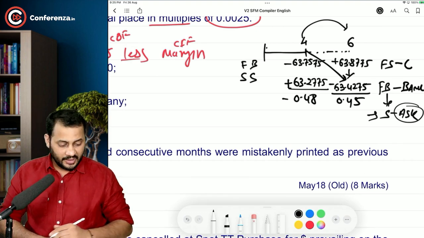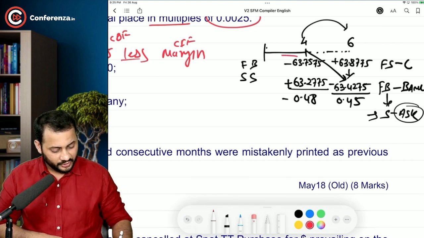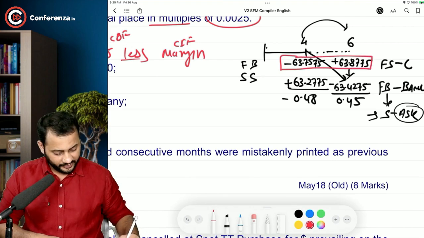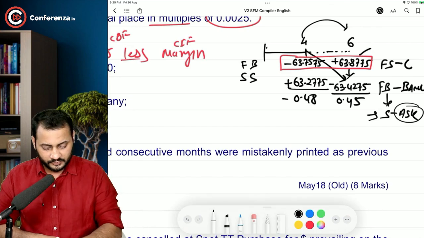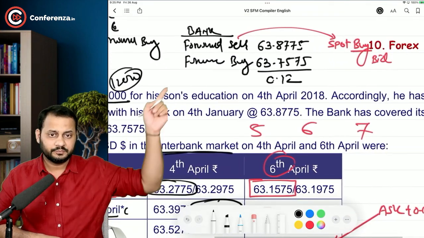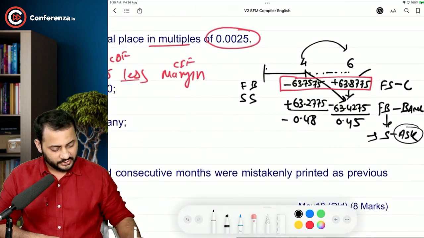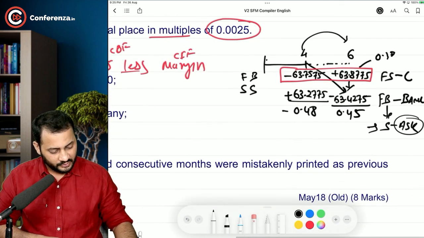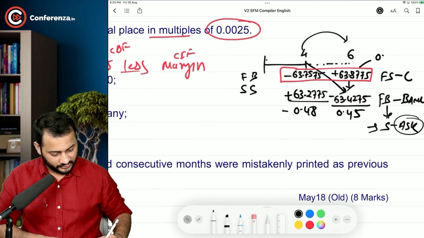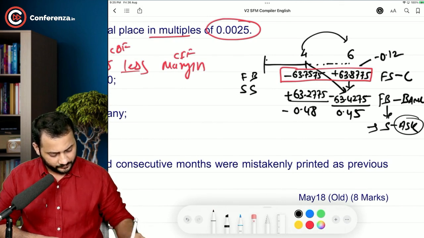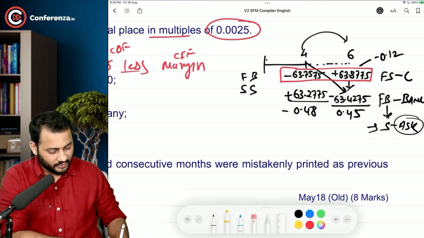And the original contract, if it would have happened, then there would have been a profit in that as well. How much? 12 paisa. We lost this because the customer did not appear. Now this is minus 0.12. Now there are 3 things that the bank will recover.